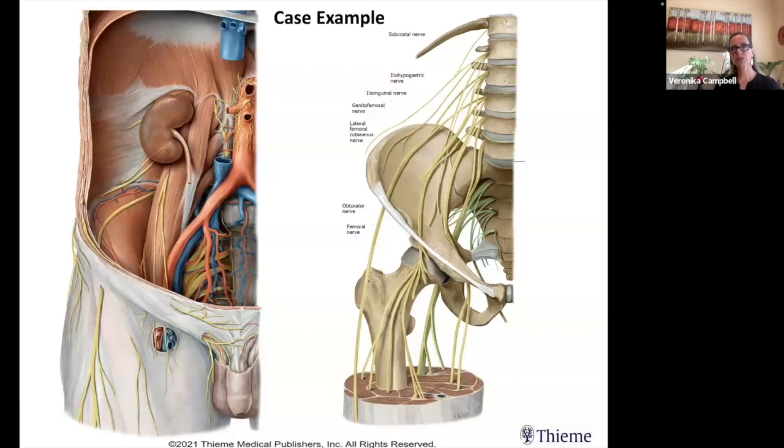And I saw her for a total of 6 visits and had to treat both the fascia around the viscera and then the nerves themselves. So I had to treat her femoral nerve, lateral femoral cutaneous, obturator nerve, saphenous nerve, everything down the leg on subsequent visits as well.